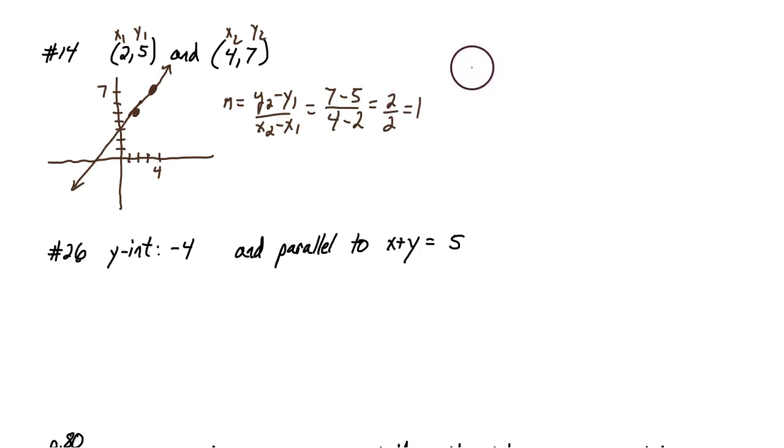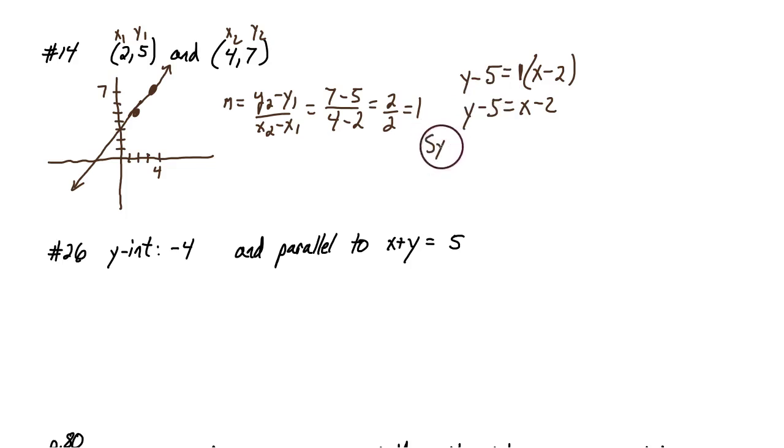Now we can use point-slope form. Y minus y1, that's a 5, equals the m, so fill in the 1 we figured out, and then x minus x1, that's a 2. Now let's change this to the ax plus by equals c form. On the right side, multiplying this by 1 just creates the x minus 2.